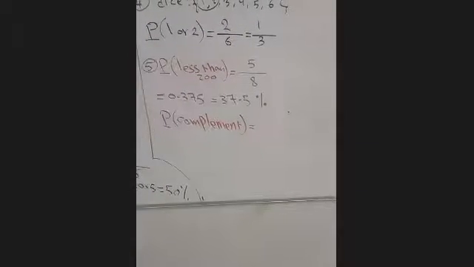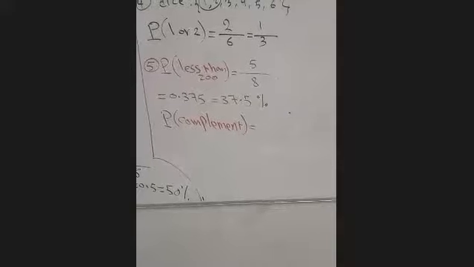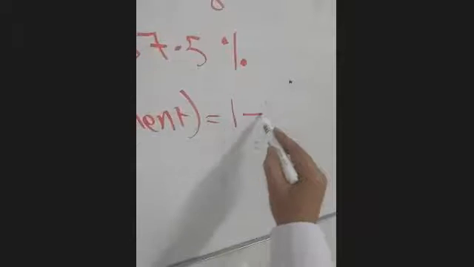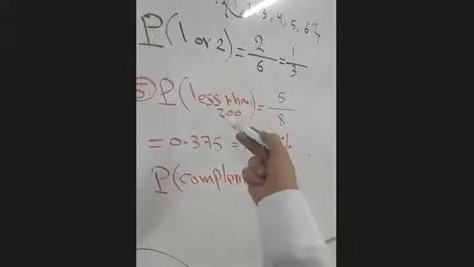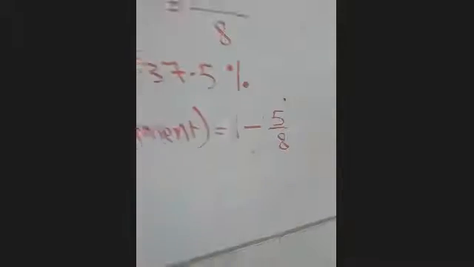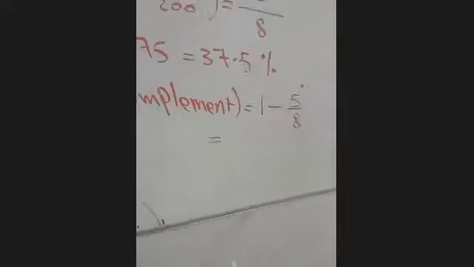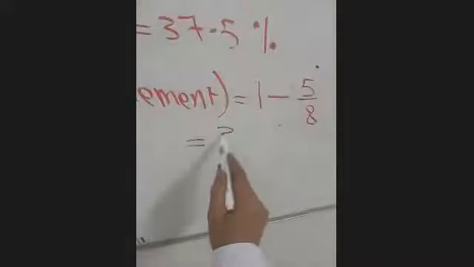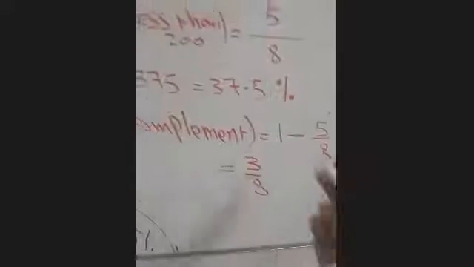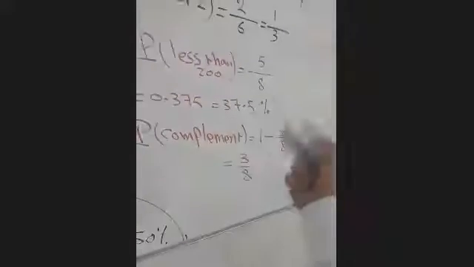It is 1 minus the probability of the event. Exactly. The probability of the complement is 1 minus the probability of the original, which is 1 minus 5 over 8, equal to 3 over 8. You multiply by 100 if you want it in percent. This is the fraction of it, 3 over 8.